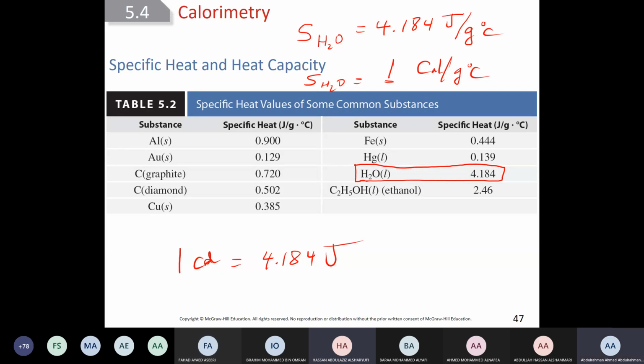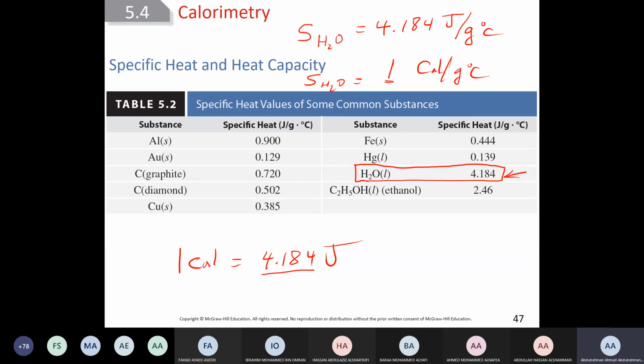You have to know this, but you can get this number from the periodic table.